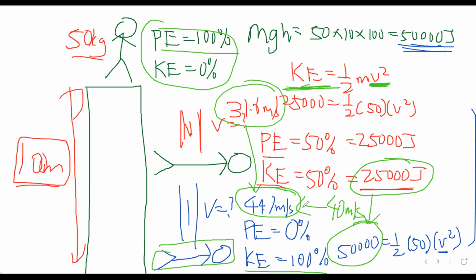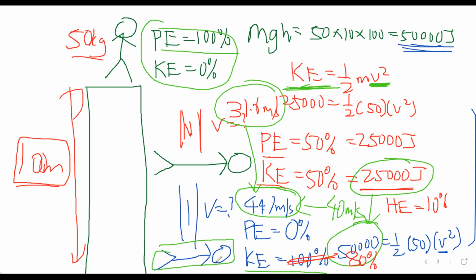Air resistance will generate heat. In other words, in a real life scenario, I won't even get 100% here. Maybe I can only get 80%. Where did the other 20% go? Some of it is converted into heat energy due to air resistance, maybe 10%. Where did the other 10% go?